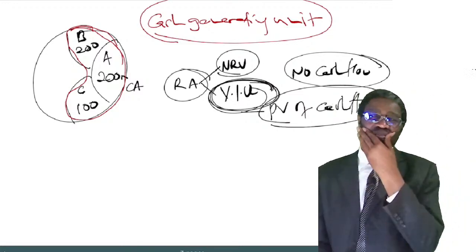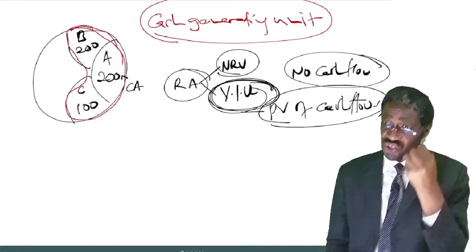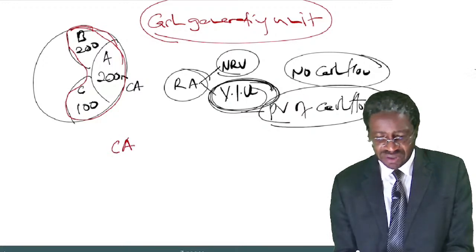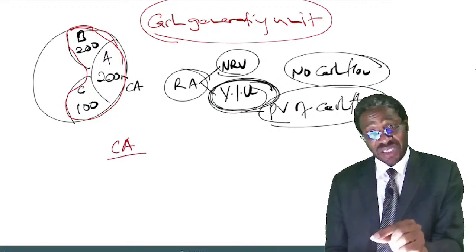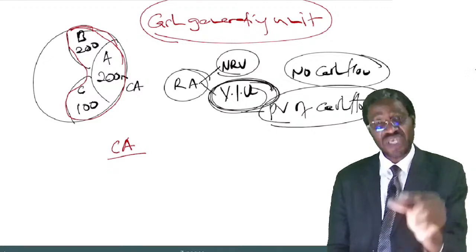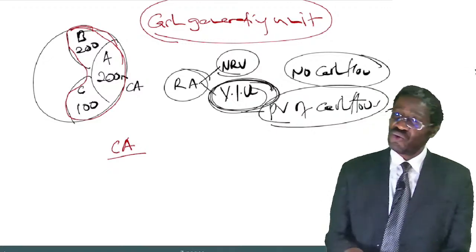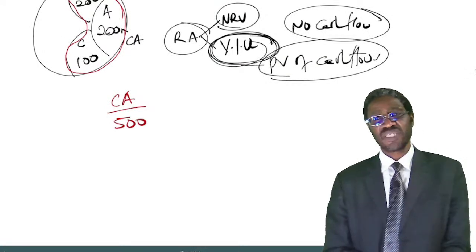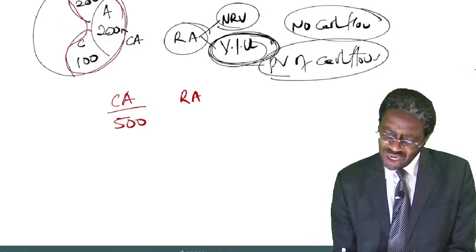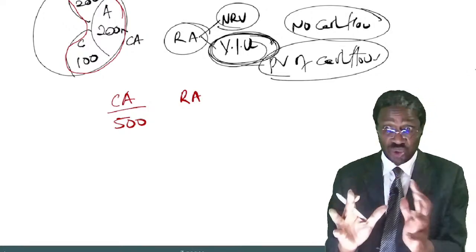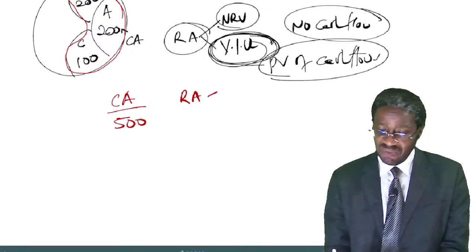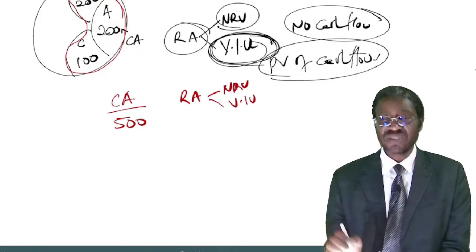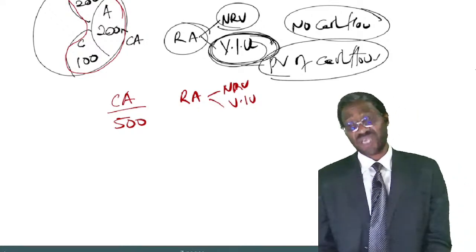Now, once you create this unit, calculate the carrying amount of the unit, which is 200 for A, 200 for B, 100 for C. So your unit now has a carrying amount of 500. Then you compute the recoverable amount of the unit as usual. Compare the net realizable value of the unit with the value in use of the unit, because now you can calculate the recoverable amount.